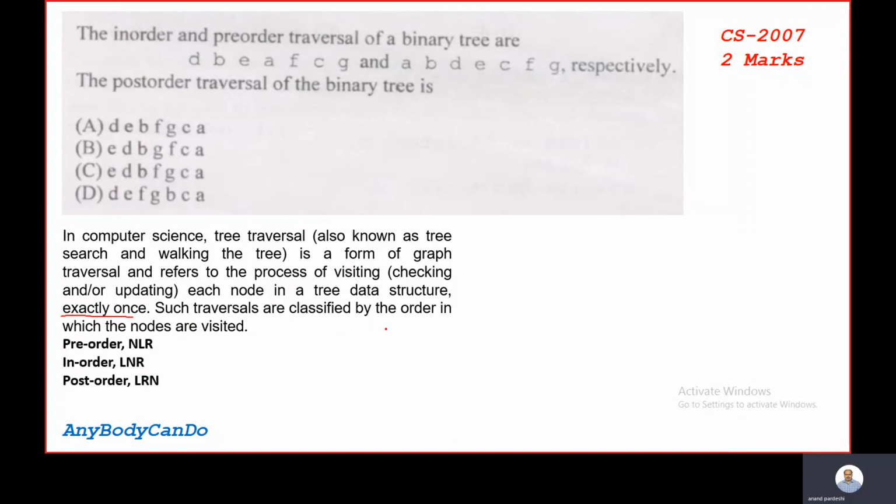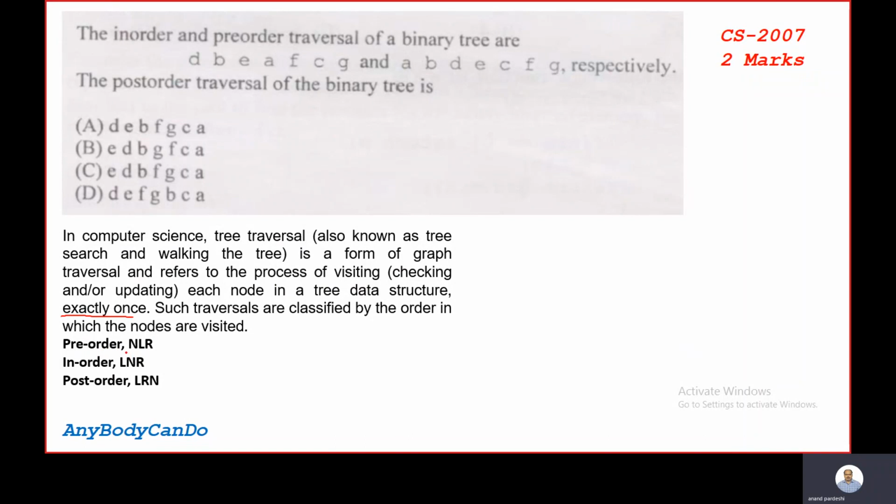Such traversals are classified by the order in which the nodes are visited. Basically, we come across pre-order, in-order, and post-order. The difference is the way in which we visit the nodes.